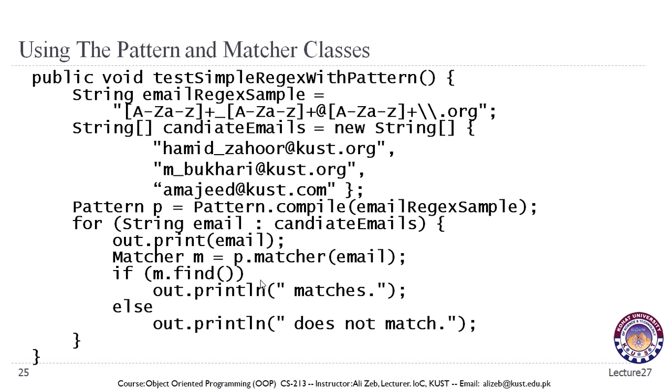So if we rewrite our program that we wrote earlier, which was a simple regular expression, and we now try to validate our email IDs with the help of the Pattern and the Matcher class, we can see that we have this expression for our email ID. We have stored it in a string. Then these are the candidate emails in a string array.